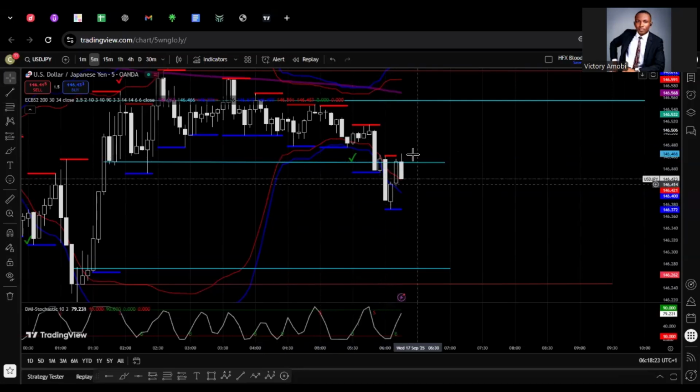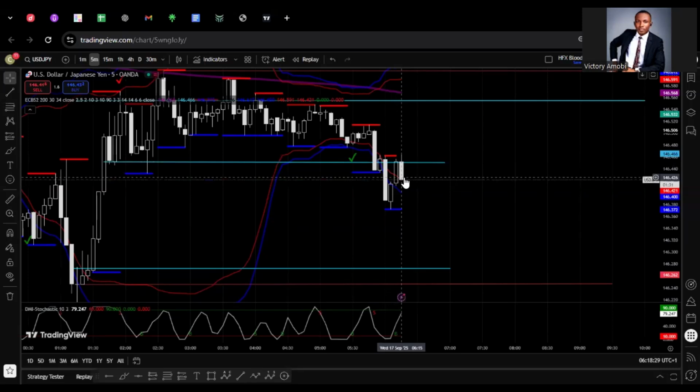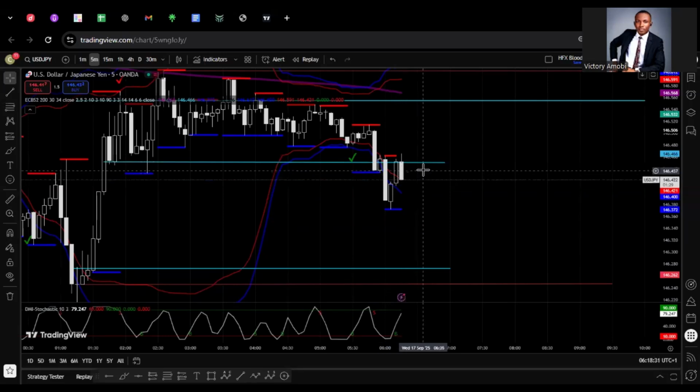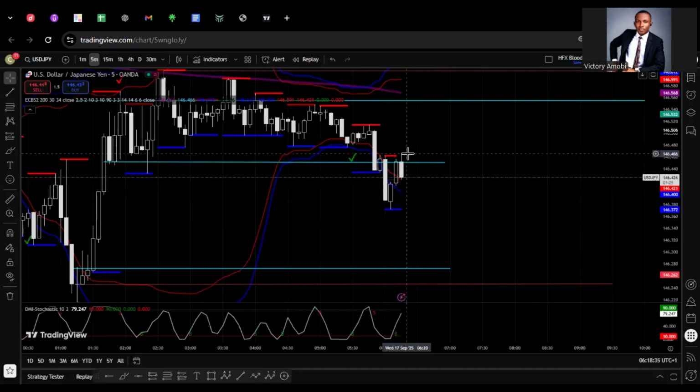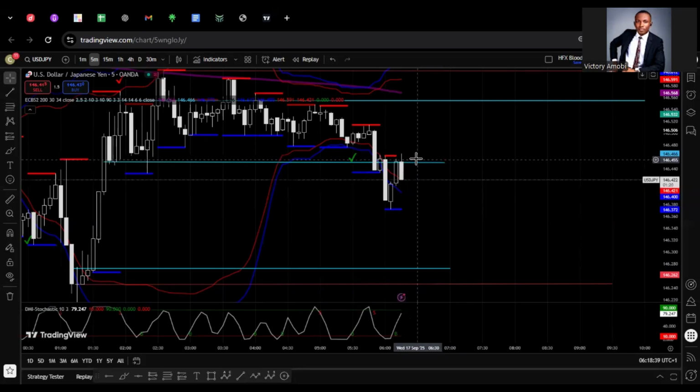Without these indicators, I might have actually gone in for a 5 minutes sell, and I'd already be in good profit. You get that? But since I'm working with this indicator, I need to chill and wait for it to give me the confirmation to go in for the sell. At the end of the day, you see that the market is aligning not just with your markup, but the indicators are also telling you, yeah, you're on the right path.